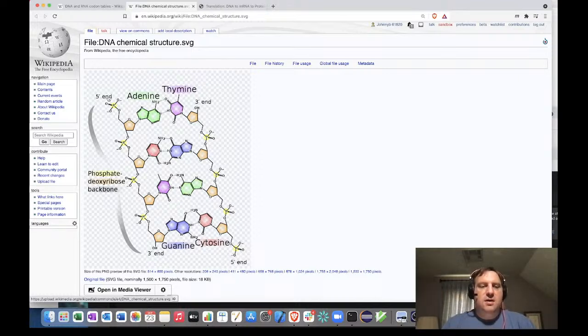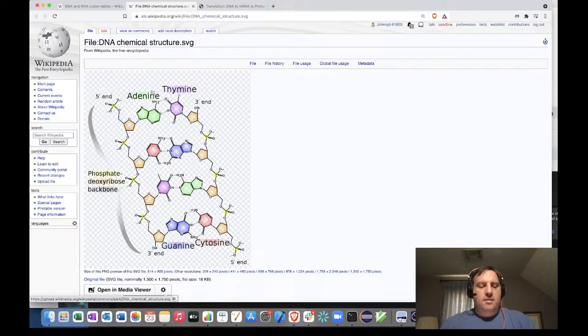DNA is usually read from 5 prime to 3 prime. You'll see that's how they mark out the parts of this sugar.